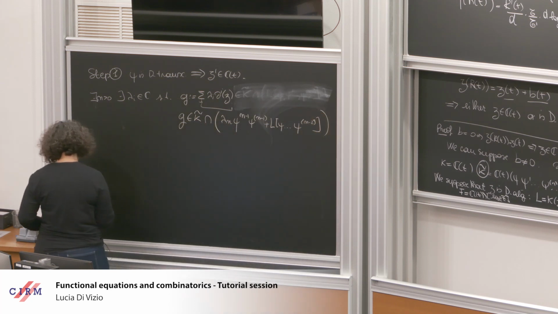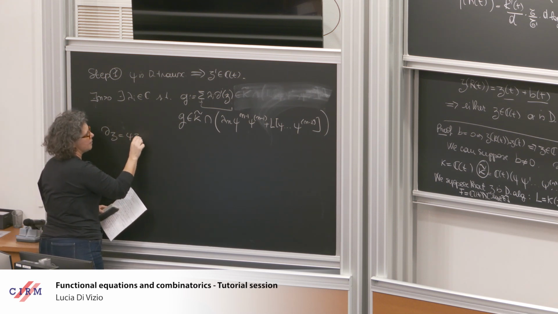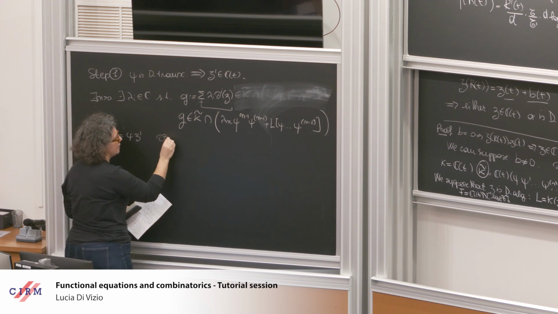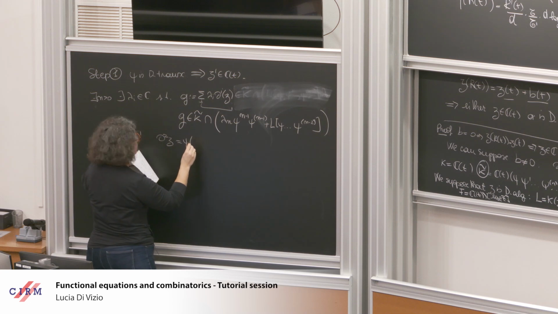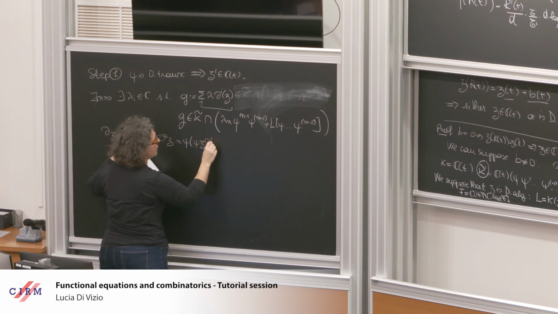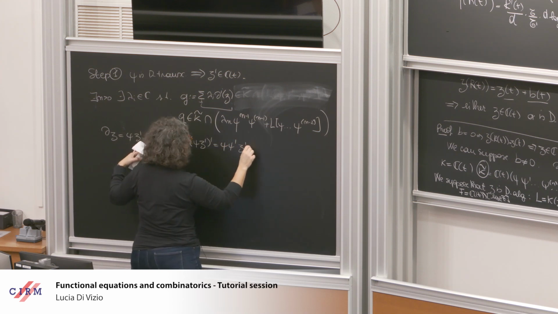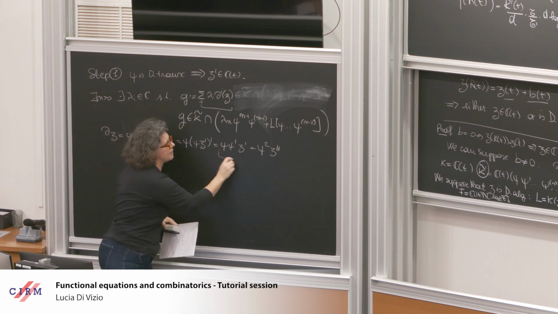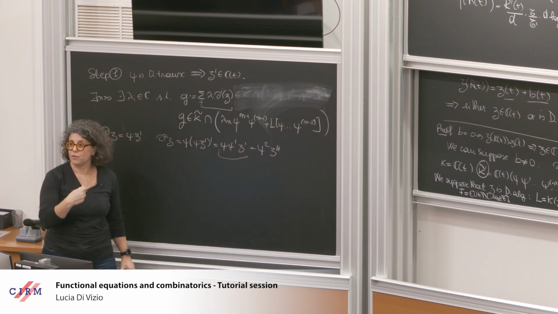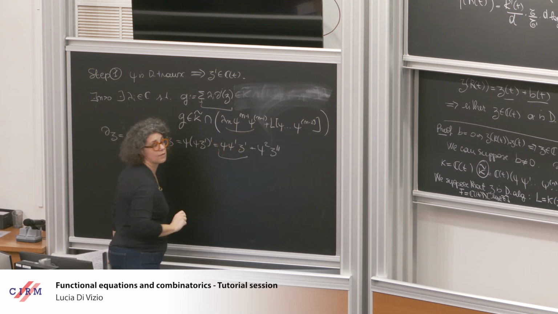Now, why is that? You have that the derivative of z is just psi z prime, and if you iterate twice, well, that is psi times psi z prime prime, so it's psi prime z prime plus psi square z second, and you keep going, and you will see that if you iterate the derivatives, you always get this term at the beginning.